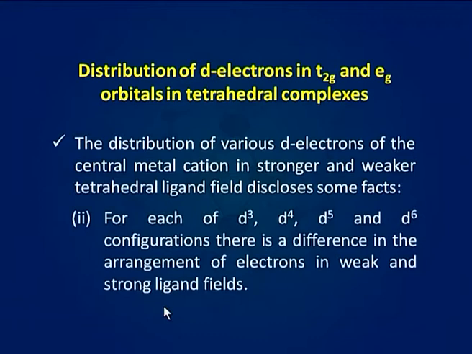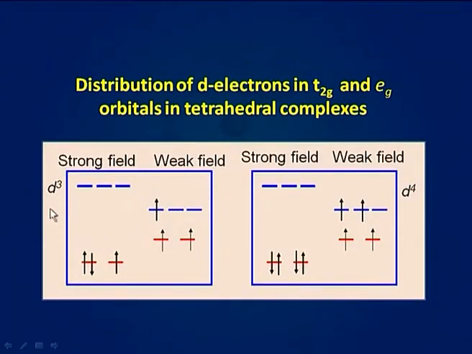For each of D3, D4, D5 and D6 configurations, there is a difference in arrangement of electrons in weak and strong ligand fields. Here you can see for D3 system, the electronic configuration for strong field is Eg3 T2G0 with 1 unpaired electron.